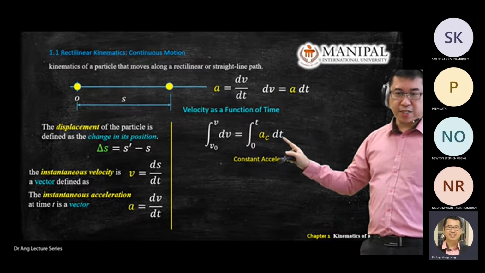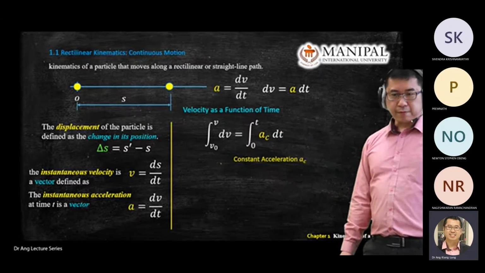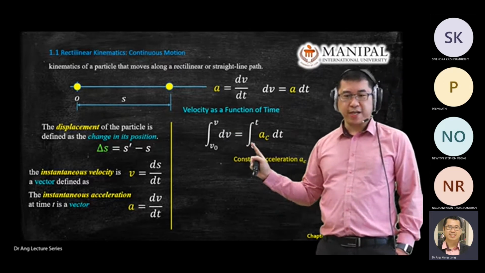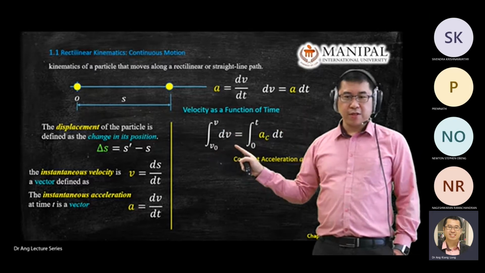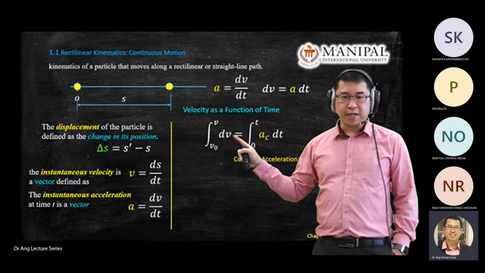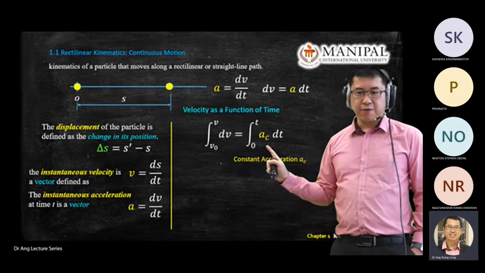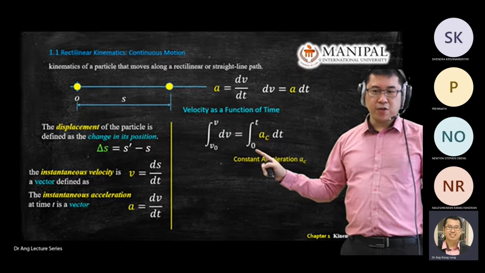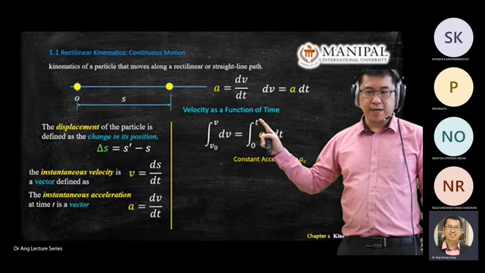If you see dt on the other side, you look at t. Some students get confused when it comes to integration. If you see dv, you use velocity. If you see dt, you use time, from time 0 to the end time.